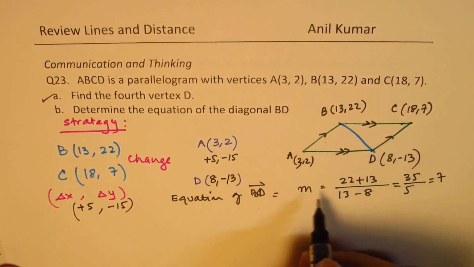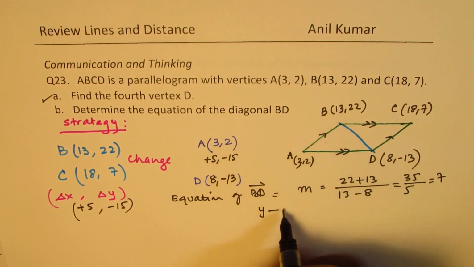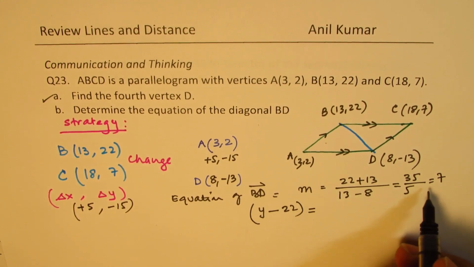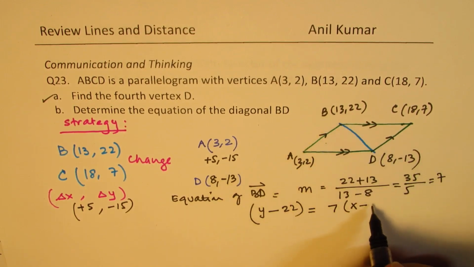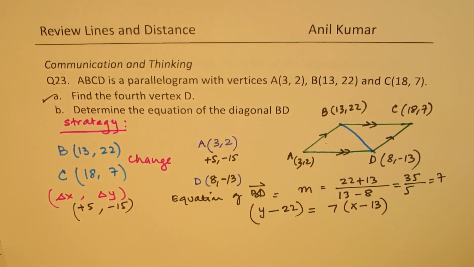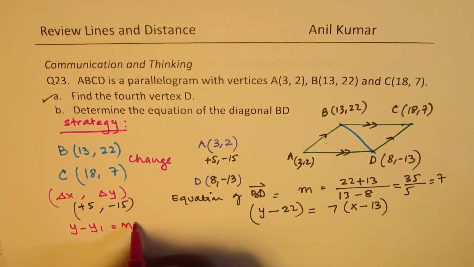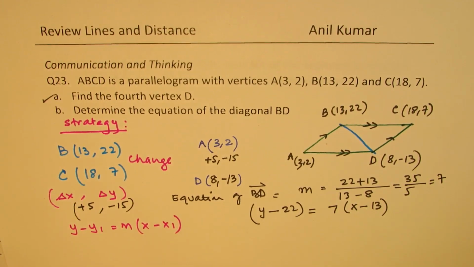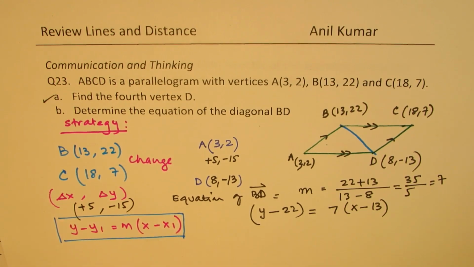Now, we can write the equation as y minus the y value of 22 equals the slope m times x minus the x value of 13, correct? So we have used this formula, which is y minus y1 equals m times (x minus x1), correct? So that formula we have used to write down the equation of the line. Now let's simplify this.